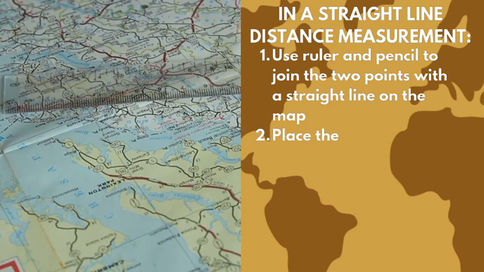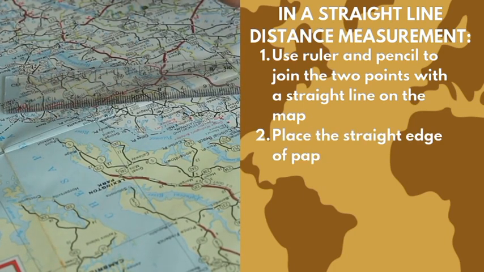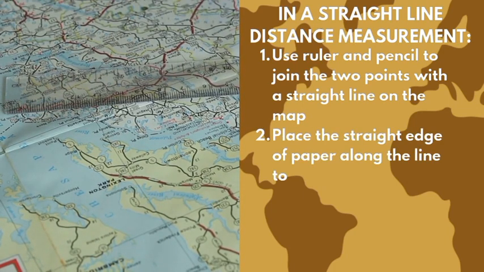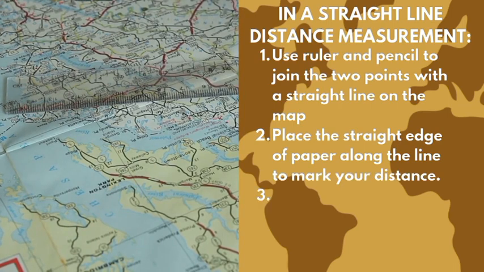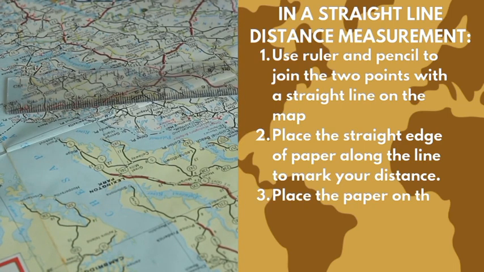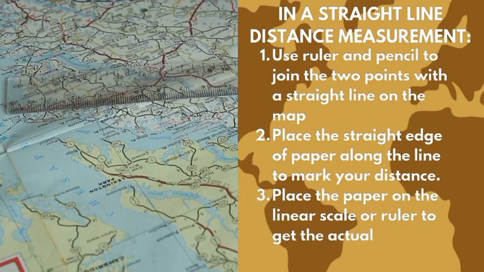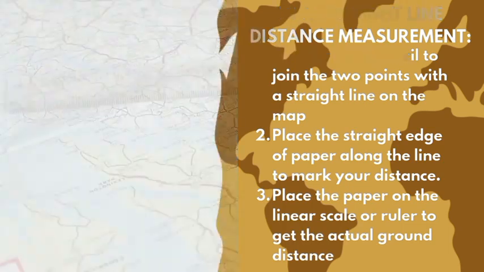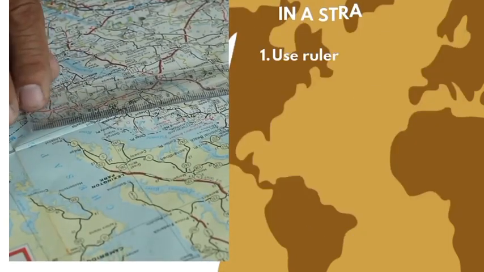The first one is the measurement of a straight line on our map, which does not give any trace at all. All you need is to use your ruler and pencil to join 2 points, which is given for you to measure on a straight line on your map. Join it with a straight line. Here the use of paper comes in.